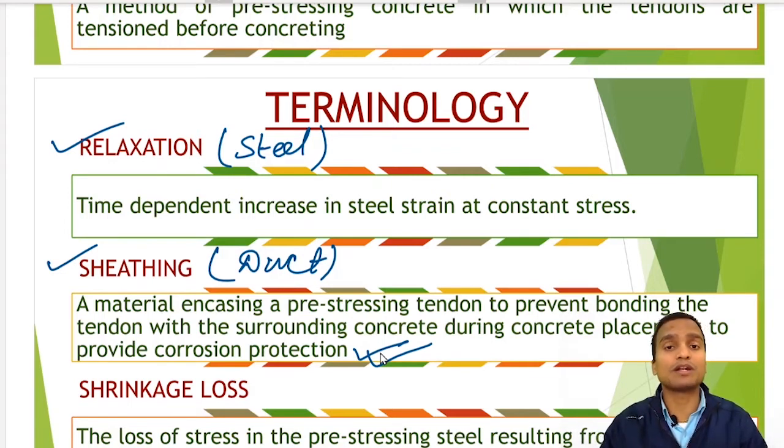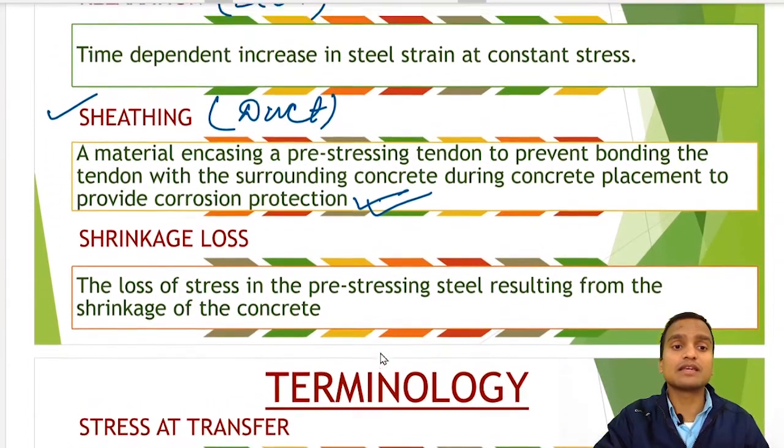Okay, so हम टेंडन को किसी भी तरीके से रिस्क उठाने देना नहीं चाहते हैं. ठीक है, सो सीदिंग एक कवर है, एक इनकेसिंग है, वो लगाते हैं. इसके दो फंक्शन है, एक तो नॉन बॉन्डेड भी बनाता है, दूसरा है कोरोजन से भी बचाता है.